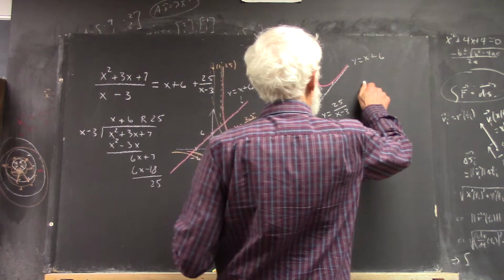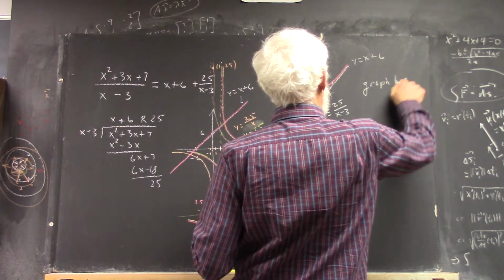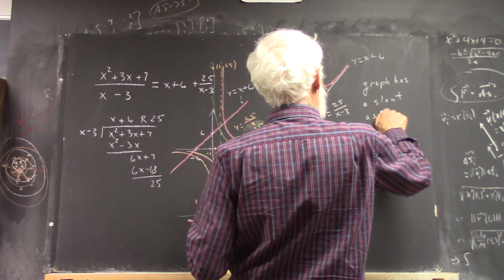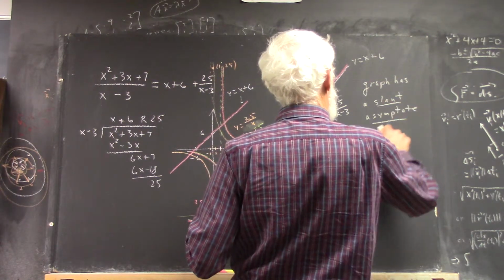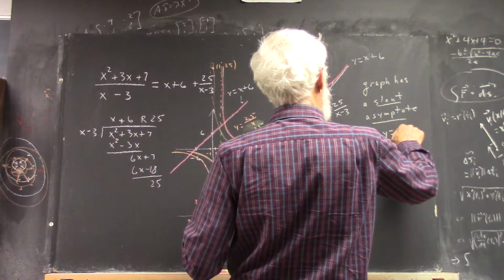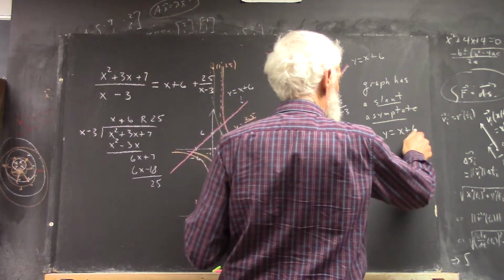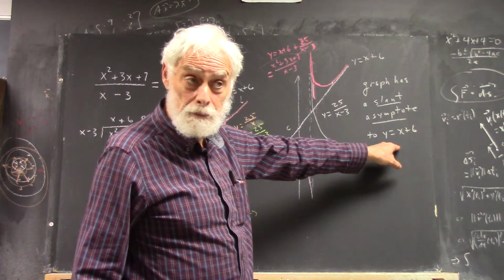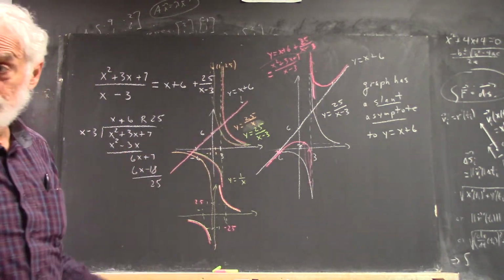And this graph has a slant asymptote to the y equals x plus 6. To find that slant asymptote, you just about have to do this long division.